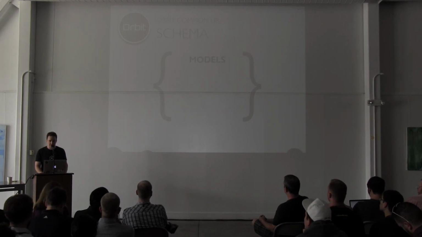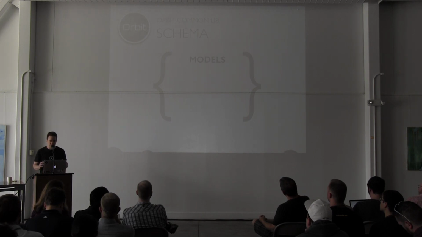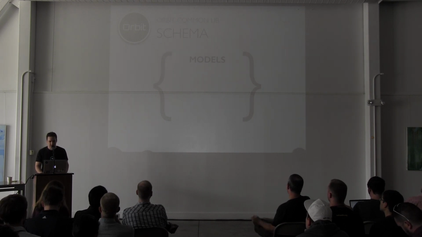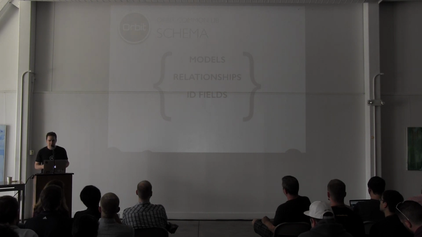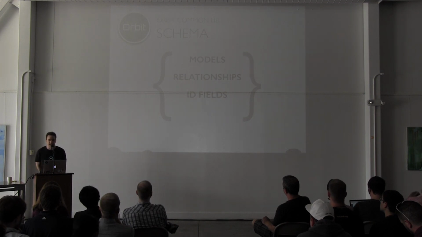The common library relies on a central schema that's used by all the sources, so that they all are organizing their data in the same manner. The schema defines the models, relationships, and ID fields. Sometimes you'll want a single ID field that's like a version 4 UUID that's unique, and therefore you can just call it ID.